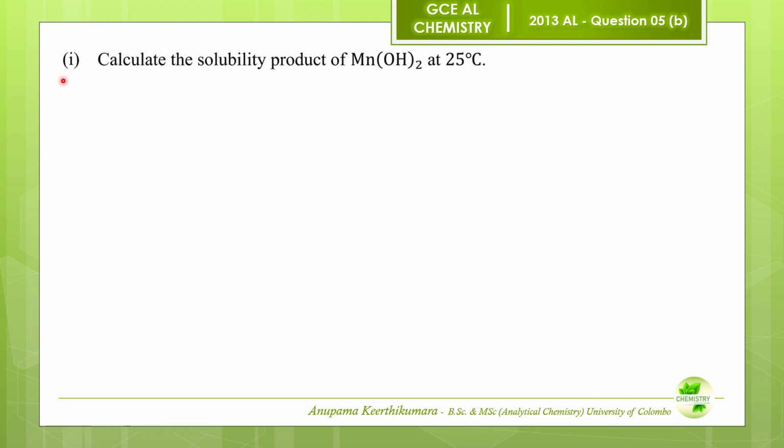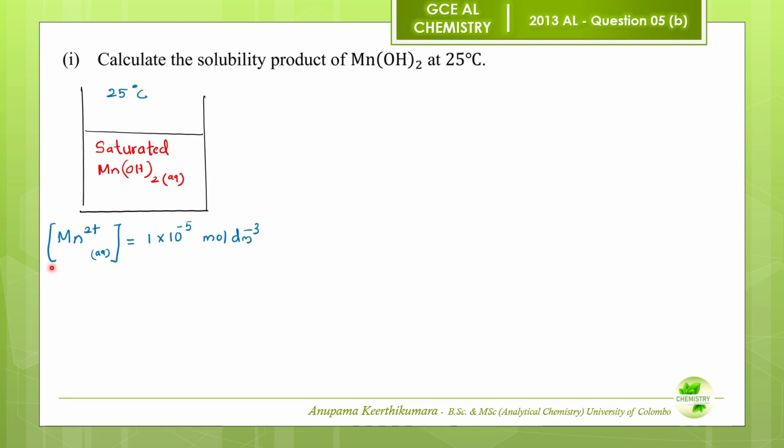Question number 1. Calculate the solubility product of manganese hydroxide at 25 degrees Celsius. Concentration of manganese 2 plus ions in the saturated manganese hydroxide solution is 1 times 10 to the negative fifth. We have to calculate the solubility product, or Ksp, of this manganese hydroxide solution.